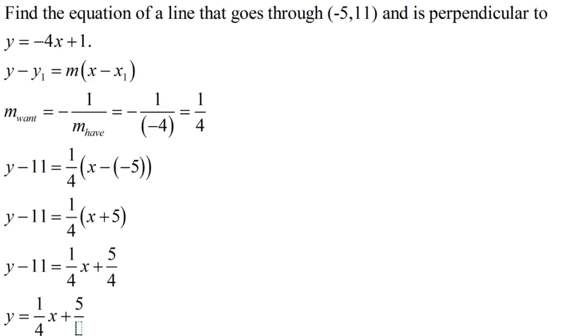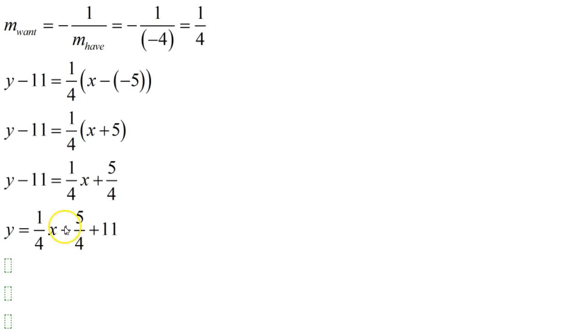And then we just add like terms. So -11 comes here as +11, and we have to add up 5/4 plus 11. So 5/4 plus 11 is quite simply 49 divided by 4.